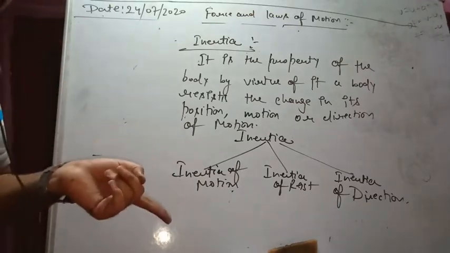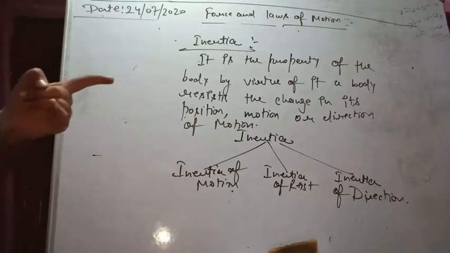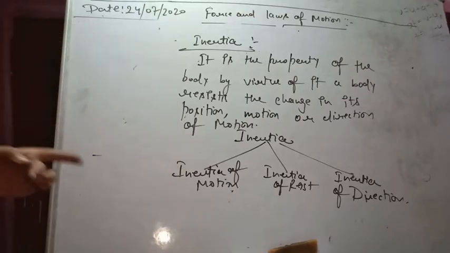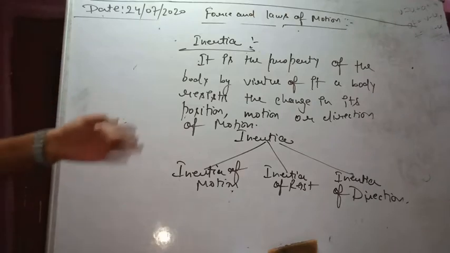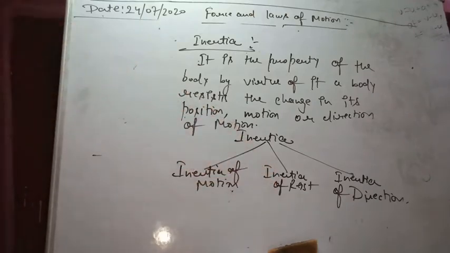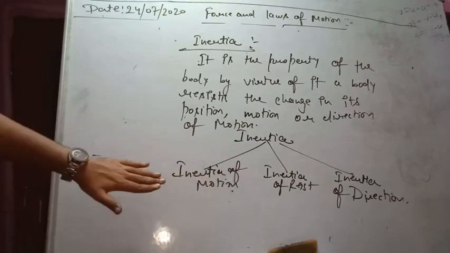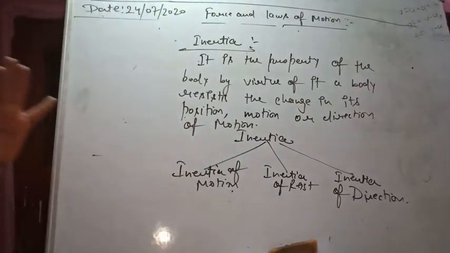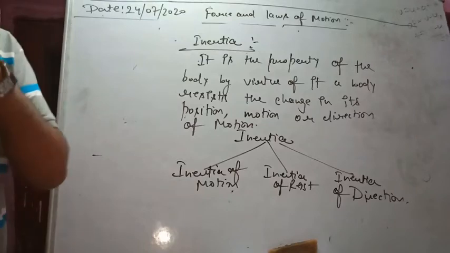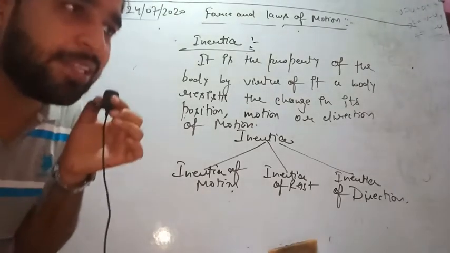What is it resisting now? To resist the brakes, to resist the rest, because the body doesn't want to come to rest now. It wants to remain in motion. So this is the example of inertia of motion. Is it clear?